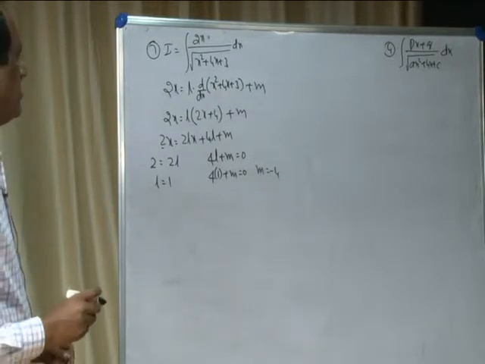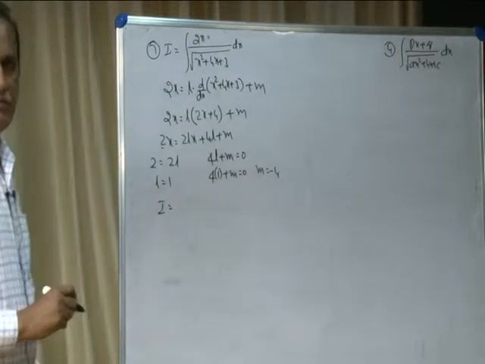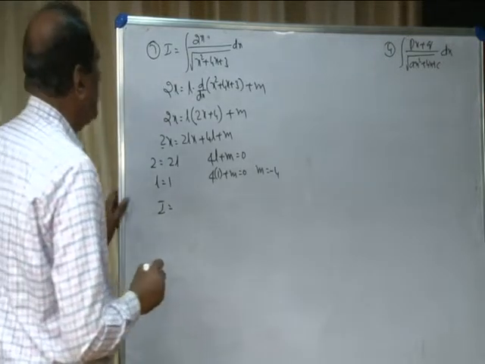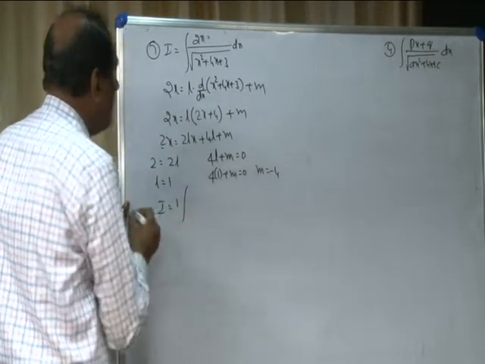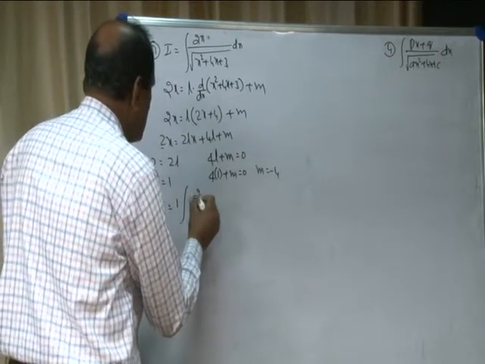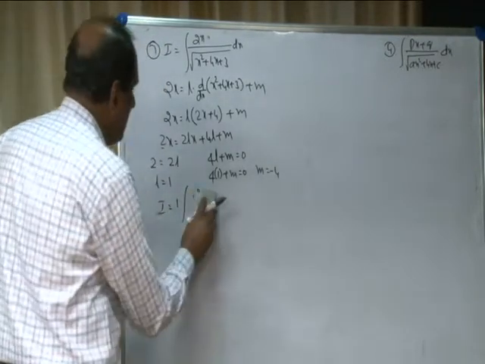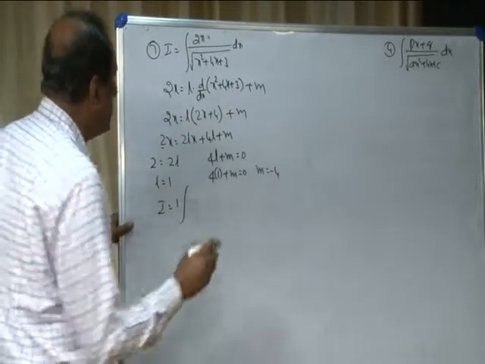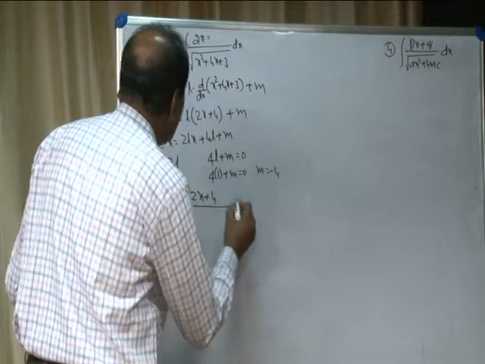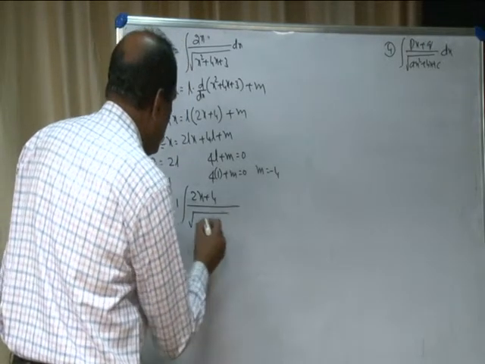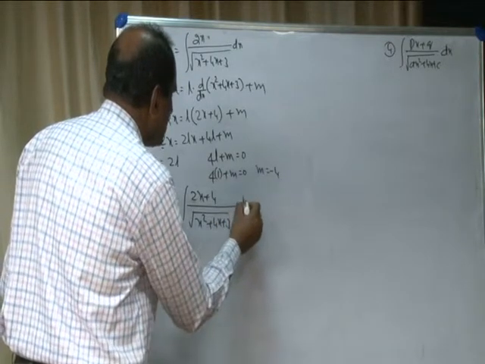Now, how to work out this problem? Now, the given integral becomes 2x. What is the L value? 1 into 2x, or d by dx of the denominator, that is 2x plus 4, divided by root of x square plus 4x plus 3 dx.